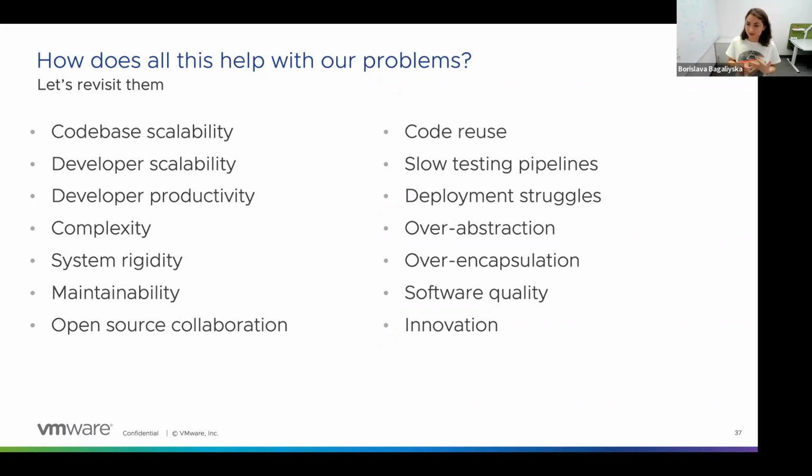The developer scalability is the problem where if you have a lot of developers working on the same project, they kind of hinder each other and you don't get the speed of development which you want. As people grow, it actually might slow down.